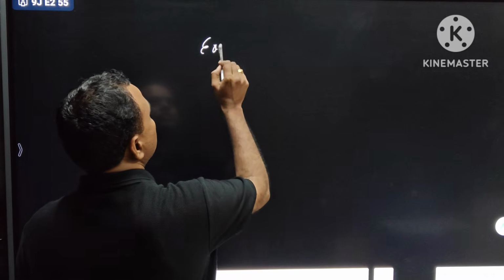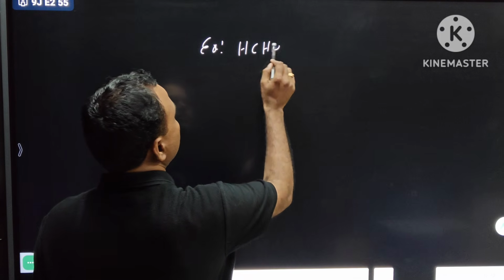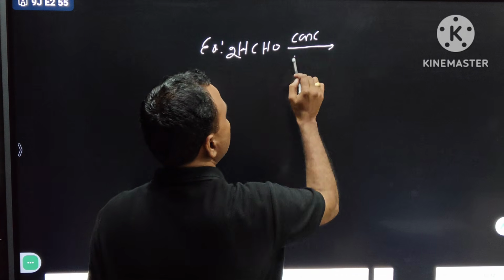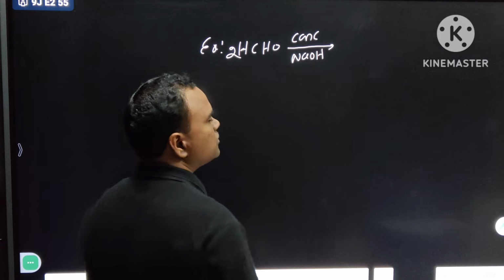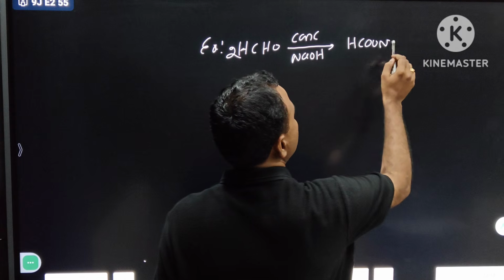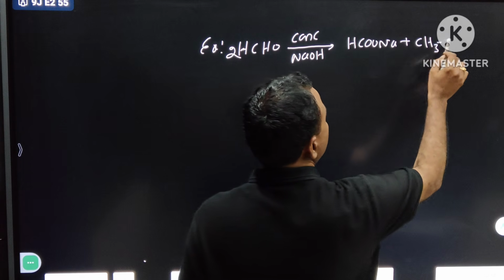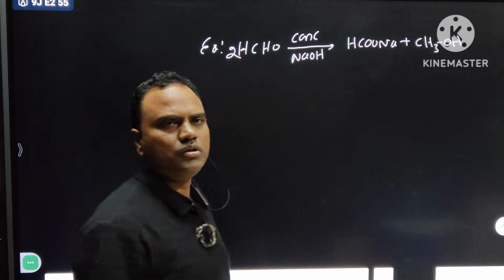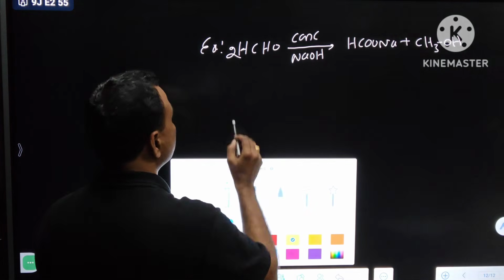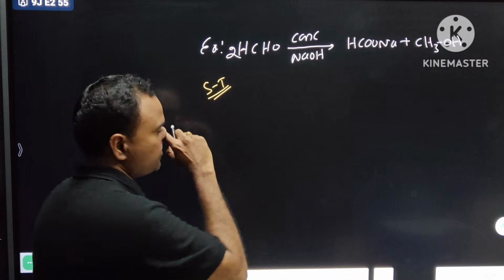Let us see the mechanism. The mechanism is very, very important. I am taking formaldehyde and concentrated NaOH. First, one aldehyde is converted to the sodium salt, and another aldehyde is converted to alcohol. Observe the mechanism carefully. Step 1.